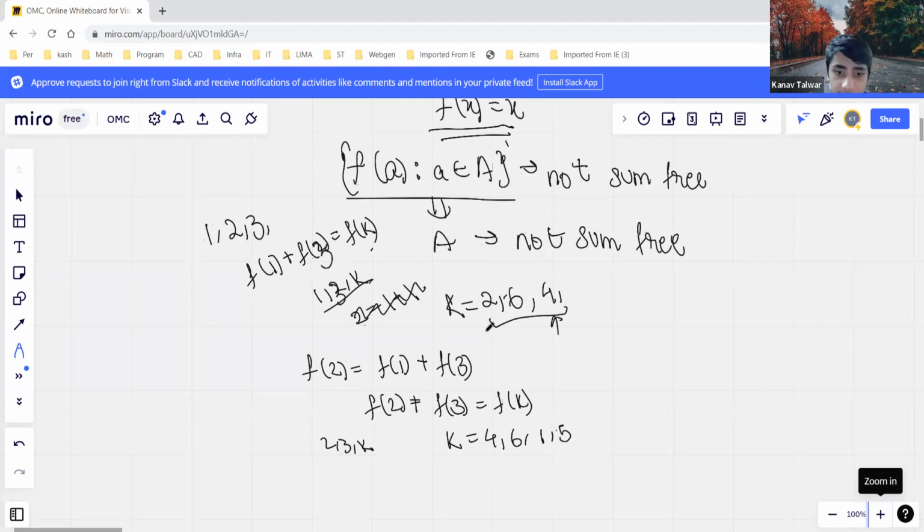Just because of this assumption, k is clearly not 1, because we are working with positive integers, it's strictly greater than f of 1. If this were f of 1, that would be a clear contradiction. So we must have that this should not hold. Now, what if this is f of 4?